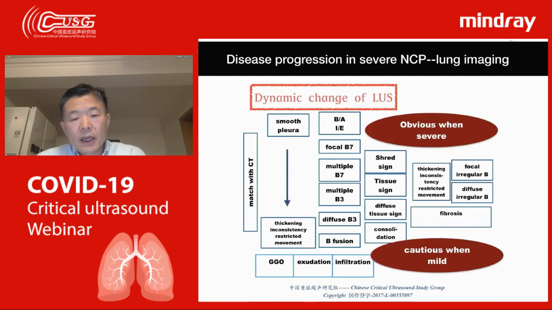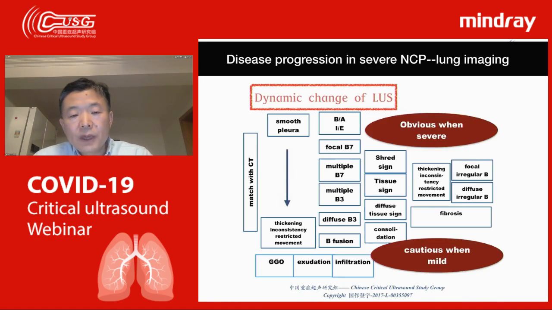But according to the patient's phase or condition, the lung will become, from a normal condition, maybe consolidation, from a very small part to a huge area, from the lateral lung to both sides of the lung.